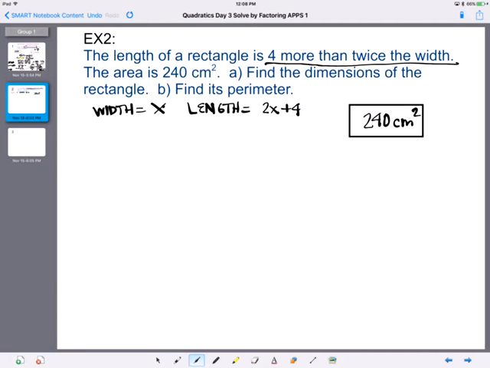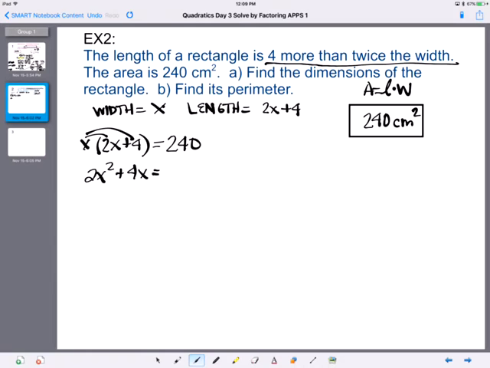So in order to determine the dimensions, we can use the information given to solve for our x. Area of a rectangle is equal to length times width. We know our length is 2x plus 4. We know our width is x, and they told us that the area of our rectangle is 240. So if we distribute our x, we get 2x squared plus 4x is equal to 240. We then can subtract our 240 to get our quadratic equal to 0.